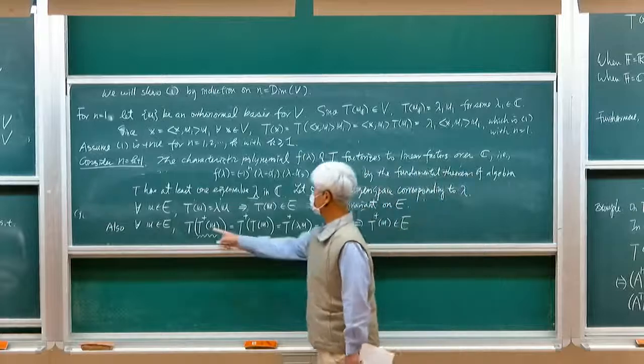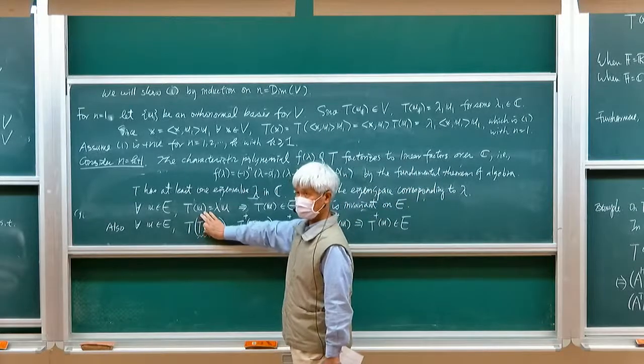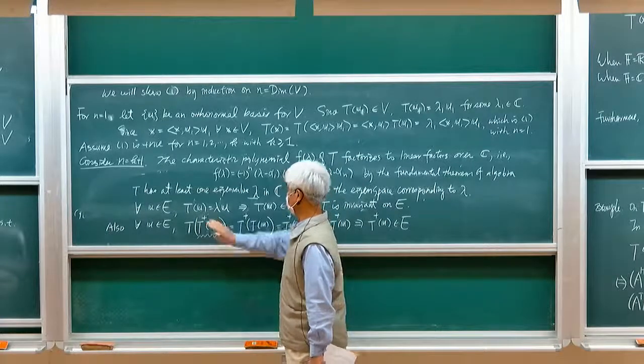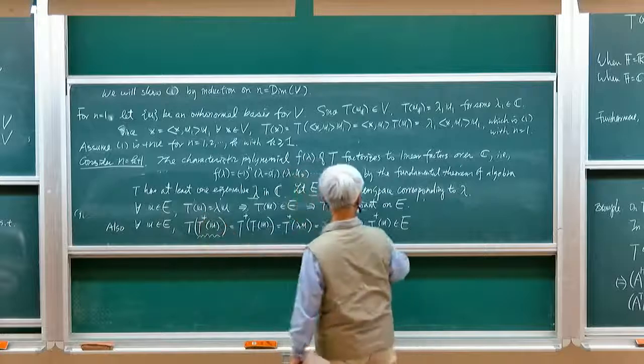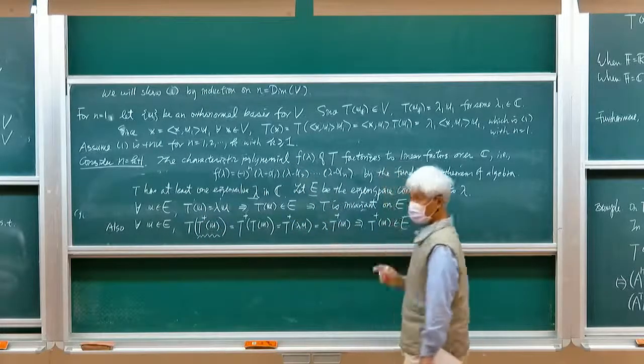Because you can look at the image as a vector, you can think of it as v, with Tv equal to lambda v. So this v must be in the eigenspace.